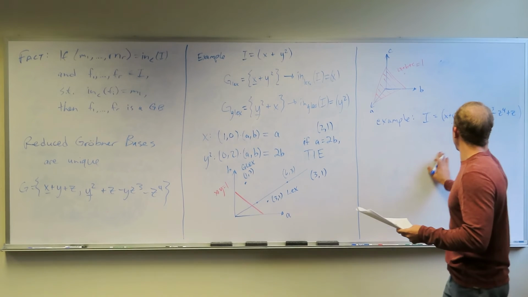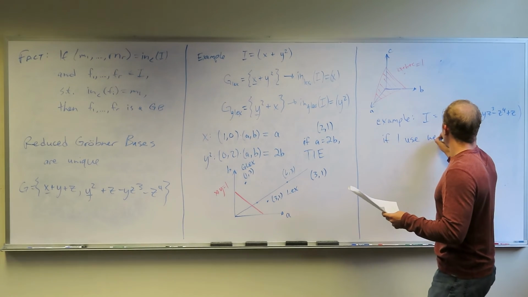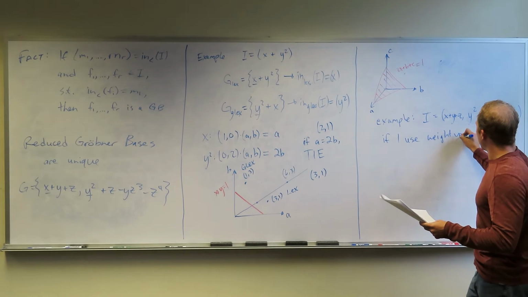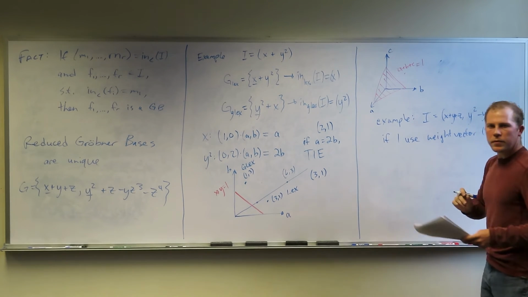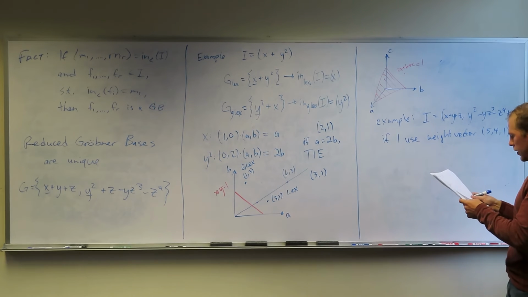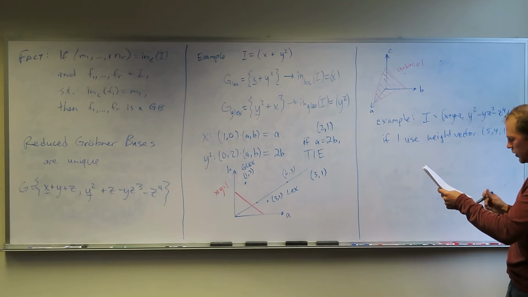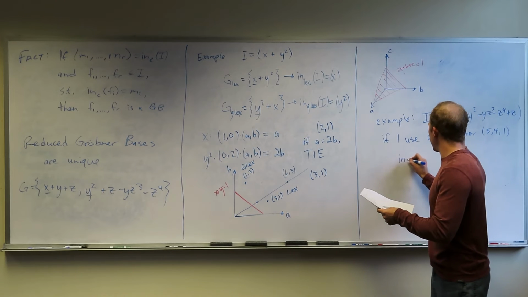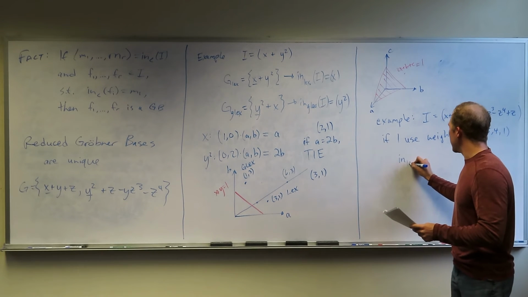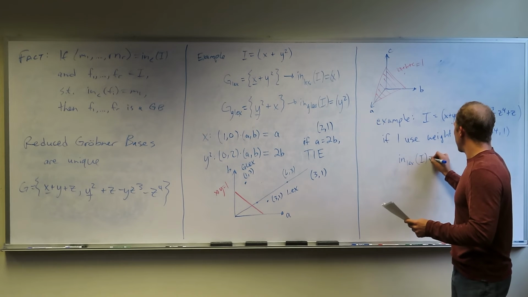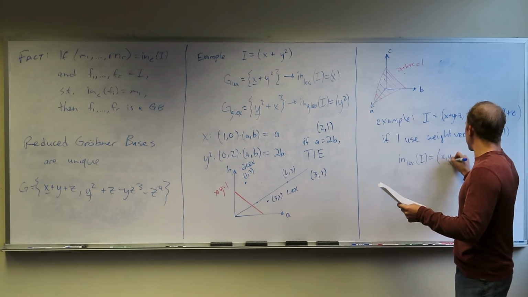But say I use weight vector 5, 4, 1, and I can look at what monomial order I should get. I think we saw earlier that the initial ideal with respect to Lex of this ideal was just x, y squared.